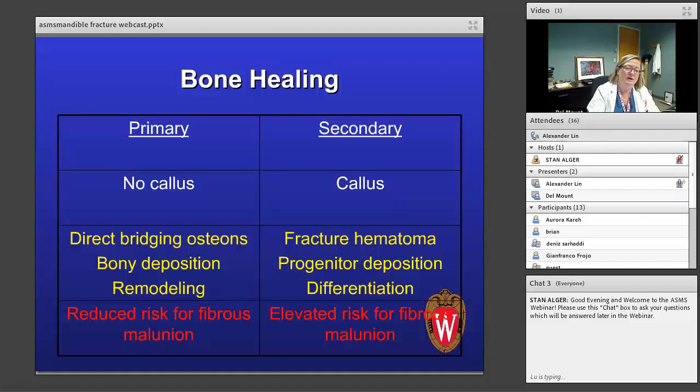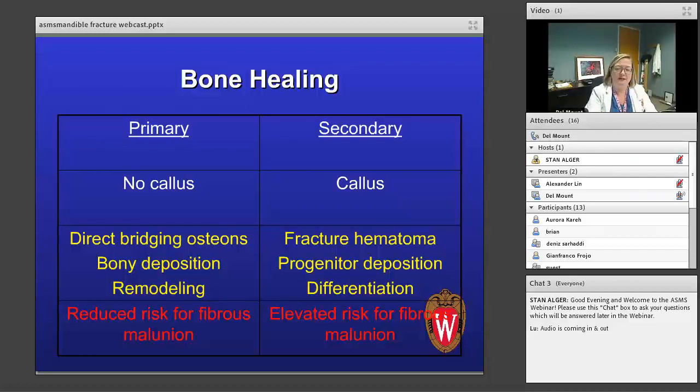With primary bone healing, you get direct bridging osteons. That bridging occurs quickly. There's bony deposition. There's normal remodeling afterwards. And there's really not space for instability, and it's very low risk for fibrous malunion, which is one of the terrible complications that can occur with mandibular fracture reduction.